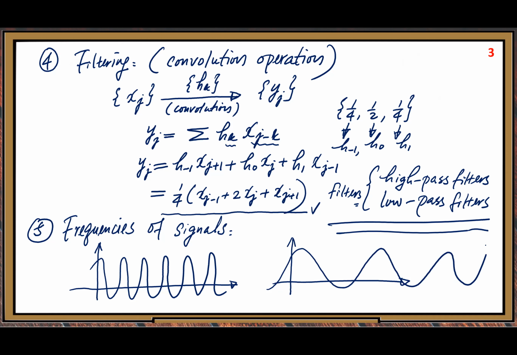You can see their frequencies are different. These two signals have different frequencies. This one we call high frequency, because compared to the other, the frequency is higher. This one, low frequency.